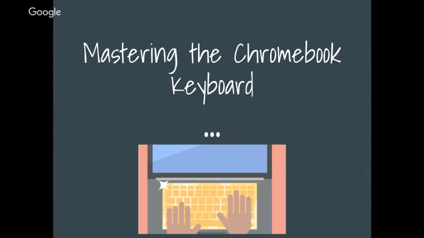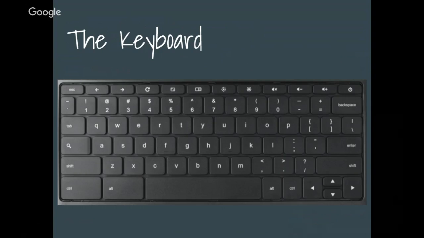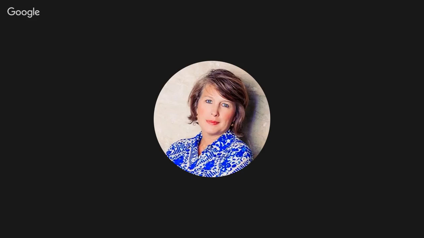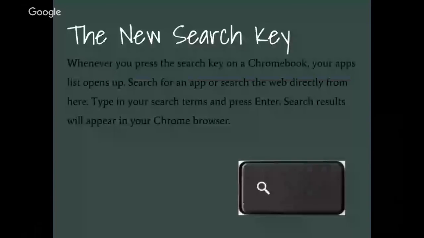Okay, so now let's take a look at the keyboard. It looks like a normal keyboard, except you might notice this little magnifying glass, and that's your search key on a Chromebook. Your app list will open up.